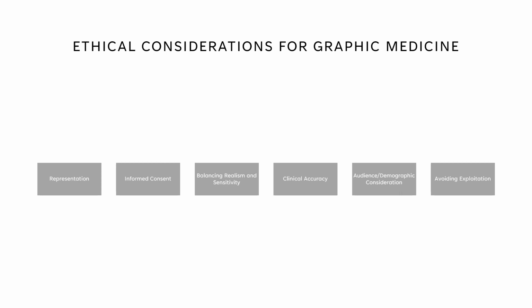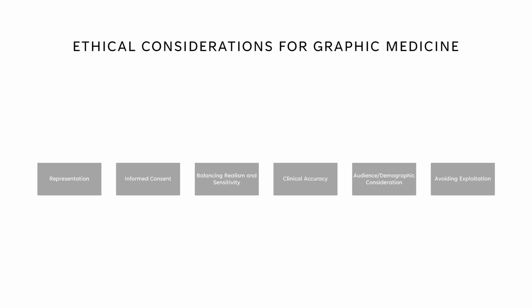Two is informed consent. Obtaining informed consent from individuals whose stories are depicted is essential, especially when sharing personal health narratives. Respecting privacy and ensuring individuals understand the potential reach of their story is also crucial.